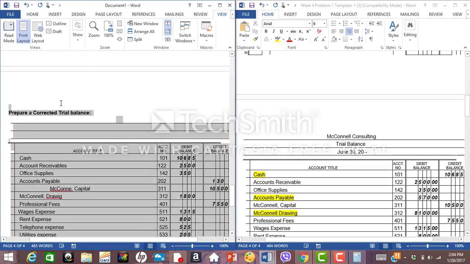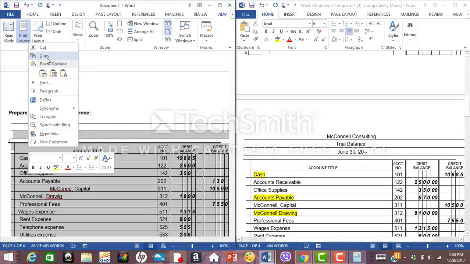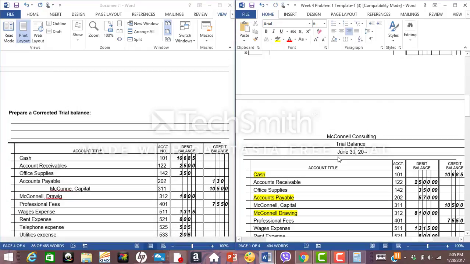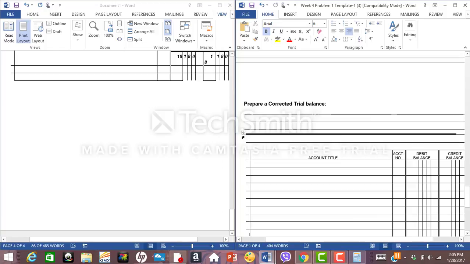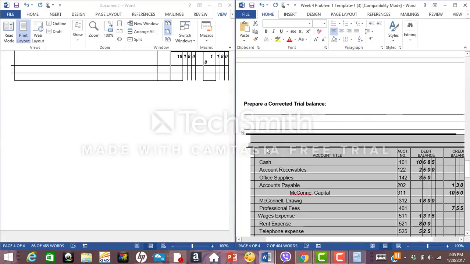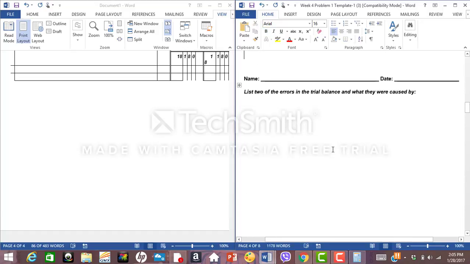So I'm going to do this. Copy. And obviously you guys have to put the consulting trial balance June 30th, all of that good stuff down here as well. So make sure you don't forget that. And all right, so there we go. And don't forget the very top part, please, so you can actually include it.